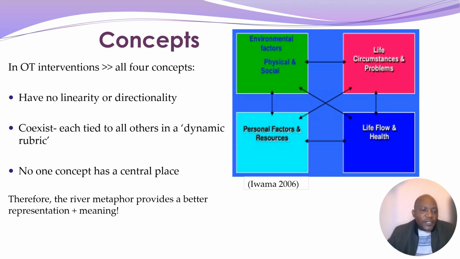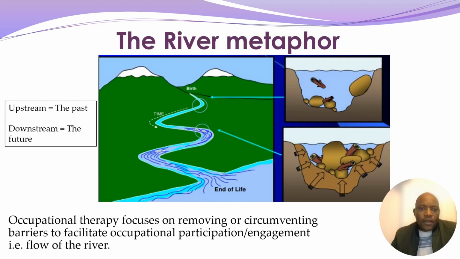So as a result, the best approach to do this was to actually use the river metaphor because it provided better representation and it also provided meaning. So for the river metaphor, Michael describes the source of the river as the point of birth and the mouth of the river as the end of life.